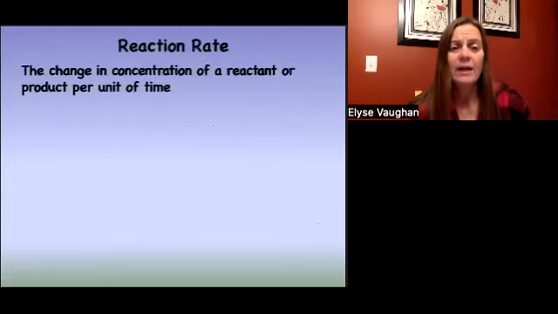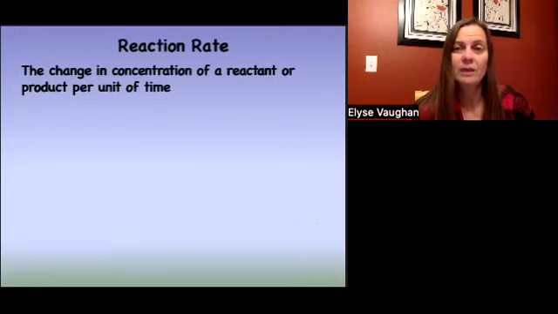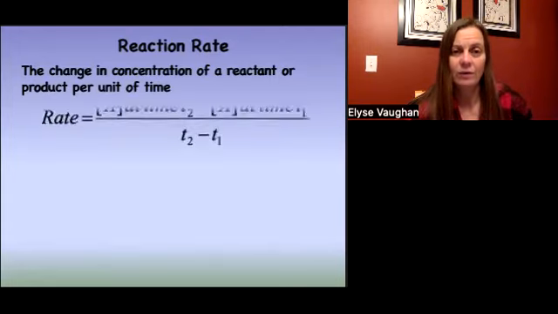So let's jump right in and talk about what a reaction rate is. Reaction rate is analogous to the speed of a reaction. Just like we measure the speed of our cars in the change in displacement over time, we measure the rate of a reaction in the change of concentration of a reactant over time.